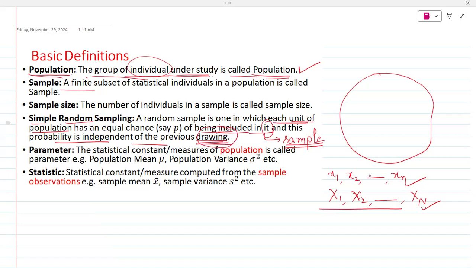Independent means, suppose I have already selected 10 sample observations, then the selection or drawing of the 11th sample observation should be independent of the previous 10 sample observations.